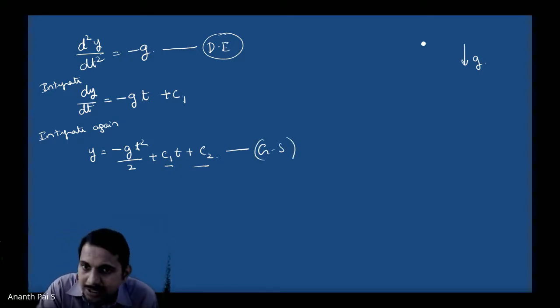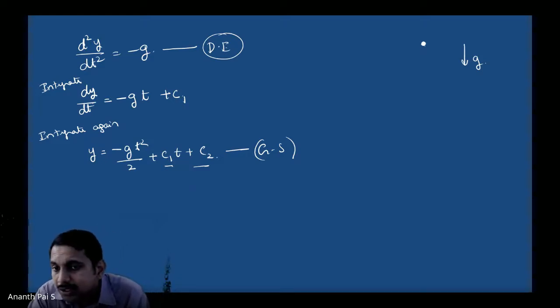Now here in this case, there's nothing called basis and all those things. It's only one differential equation which has two constants. If you want to say what is the basis of that, it can be gt square by 2 and t.